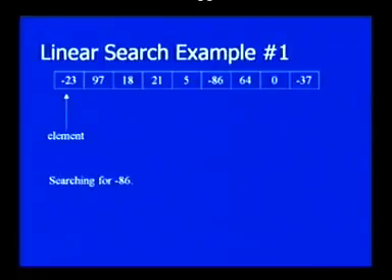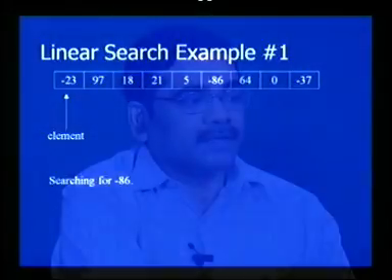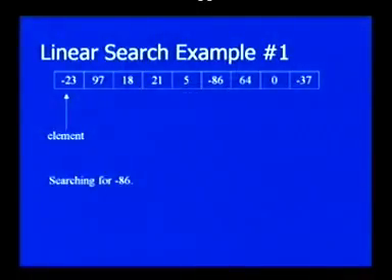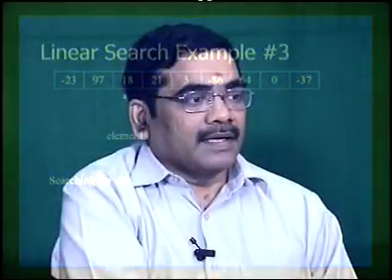You can take this particular array. Here I am searching for an element, minus 86. You can see how we are proceeding. We start from the first element of the array and compare minus 86 with this element. If the key does not match the value in the array, then we have to proceed to the next index.